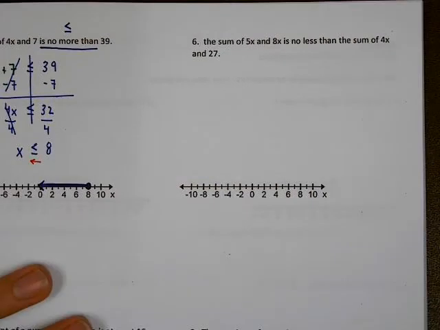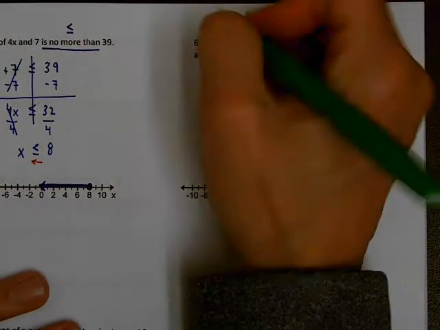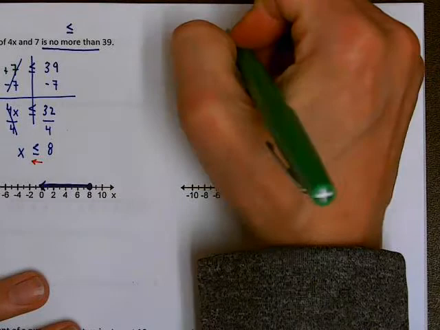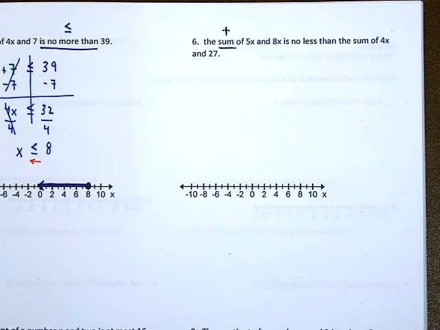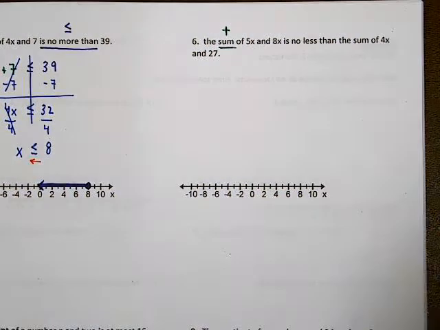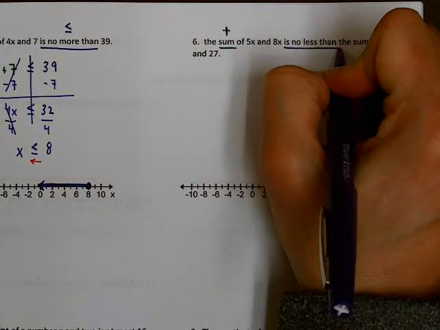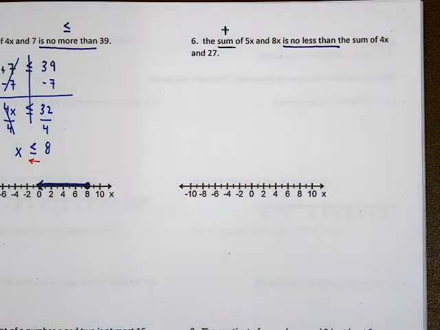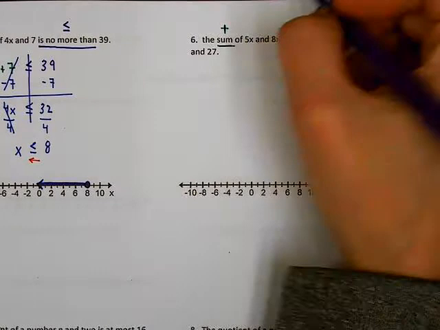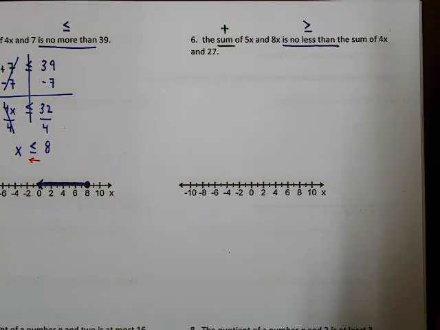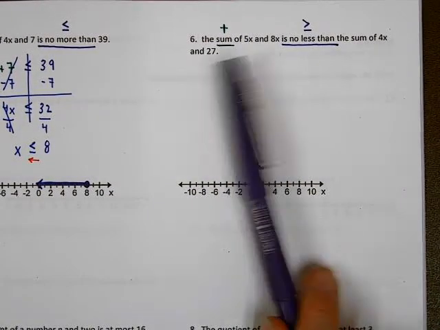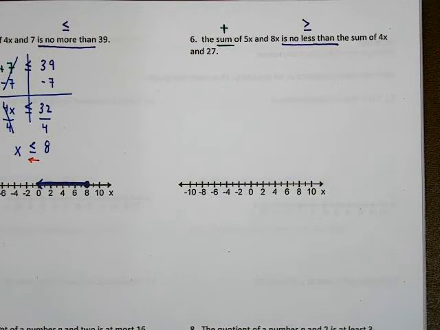All right, so the sum of 5x and 8x, again, sum is going to be addition. So the sum of 5x and 8x is no less than. So no less than means it has to either be greater than or equal to the sum of 4x and 27. So let's see what we've got.